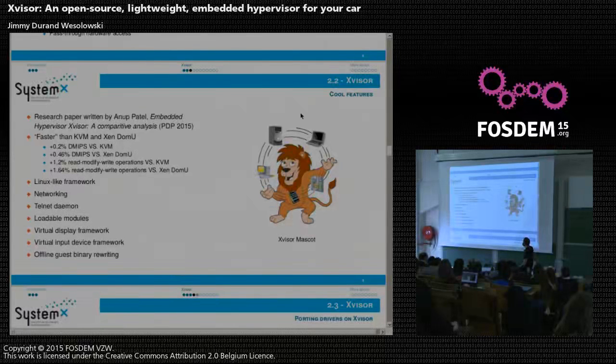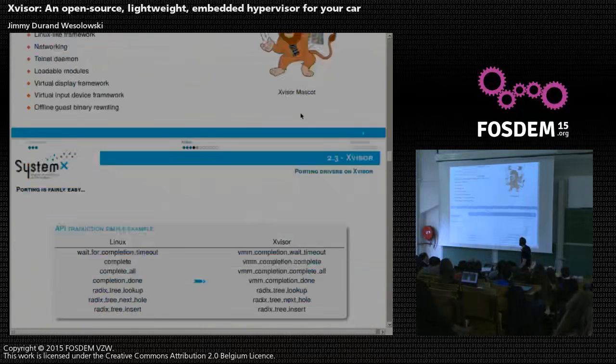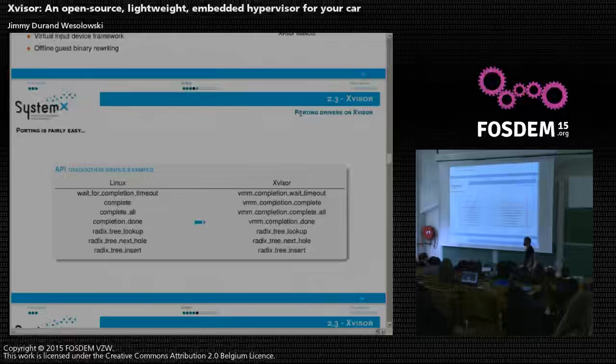There are many features like in Linux. The framework is really like Linux. I will share this. There is already networking, telnet daemon, loadable modules, and very, very nice features for emulation. For example, if you want to support your board and you have Linux drivers for it, you only have to introduce the API, okay, globally.